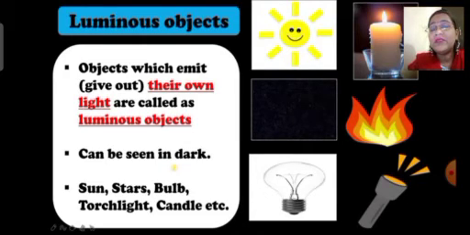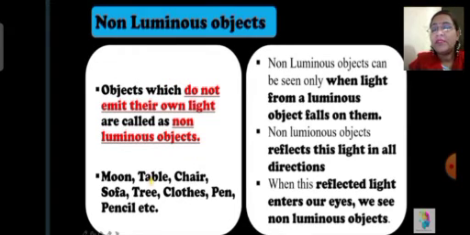Dear children, we can see luminous objects in the dark as they emit their own light, so they are visible in the dark. Now next we'll see what non-luminous objects are. Objects which do not emit their own light are known as non-luminous objects.